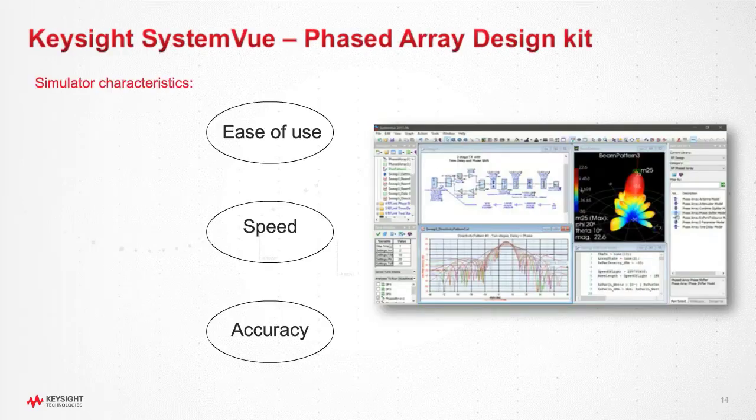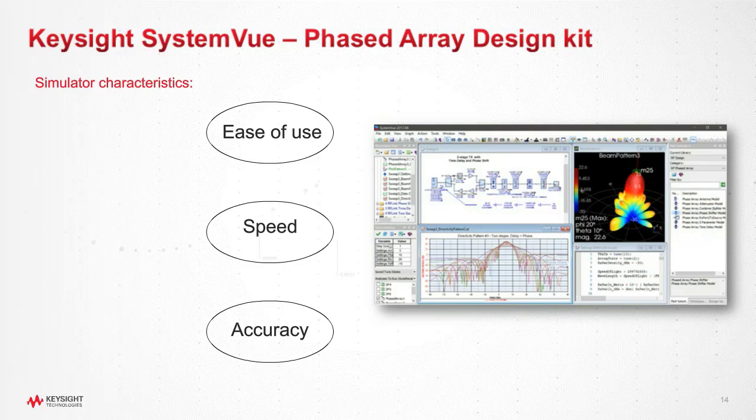While we not only need a very fast simulator to be efficient, we also need it to be very easy to use, very easy to set up the phased array schematics, the phased array system. In addition to this, of course, we need the accuracy to explore. Exploring approximately will only take us that far into the design.